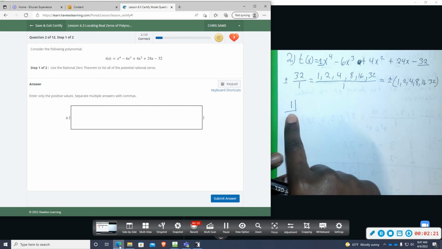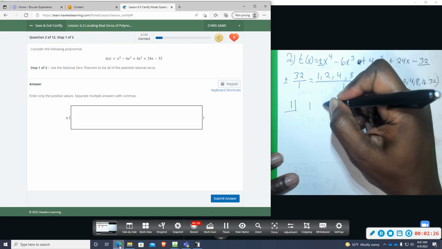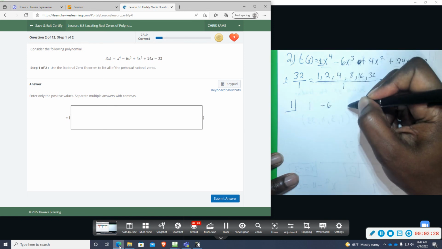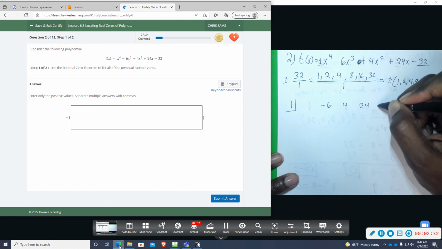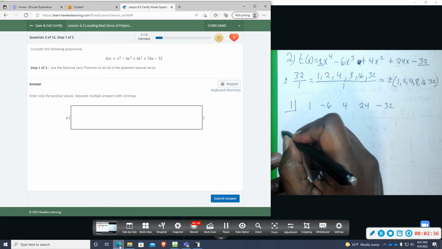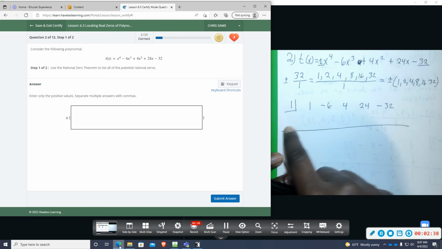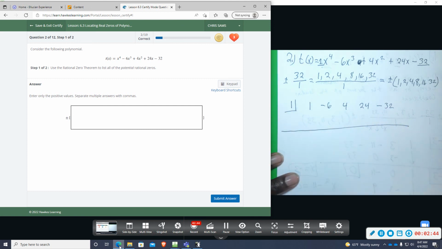I'm going to list all my coefficients: 1, negative 6, 4, 24, negative 32. This is where it'd be better to have a pencil and eraser, so you can just erase and change that number. But with a pen, I'm going to have to rewrite the whole list over and over again until I find a couple numbers that work.